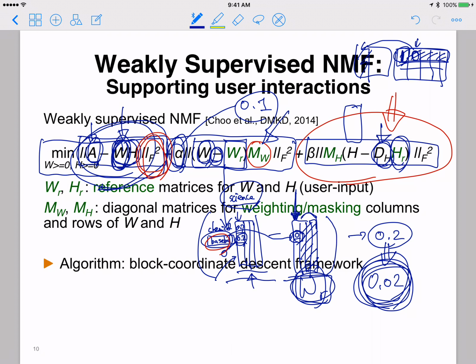So this document and this document should completely belong to the first topic, but the other documents should not be affiliated with the first topic at all. So we can manipulate the particular row corresponding to the particular virtual document. That way we have this masking matrix on the left.